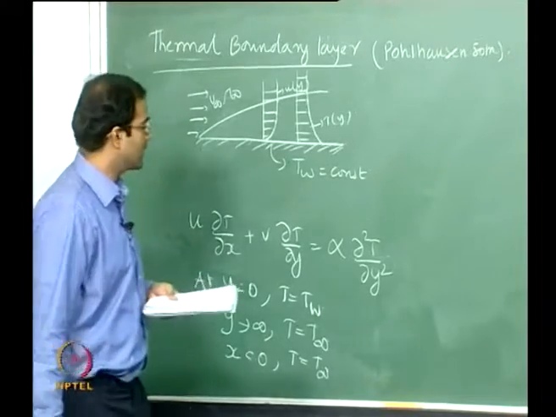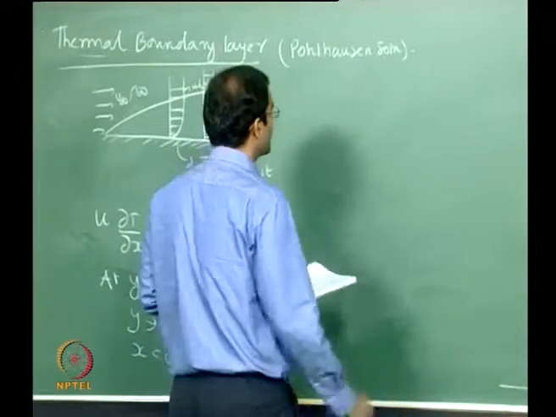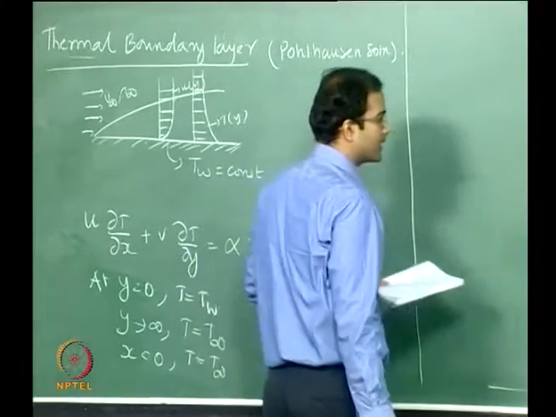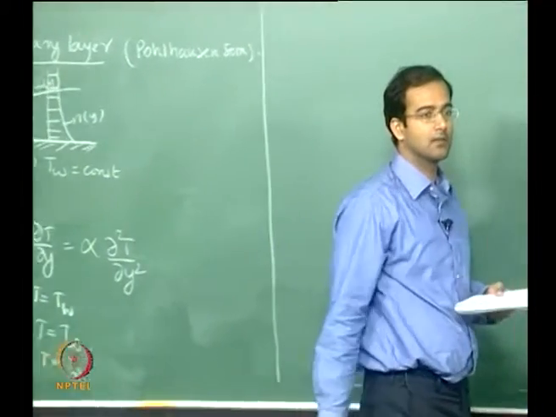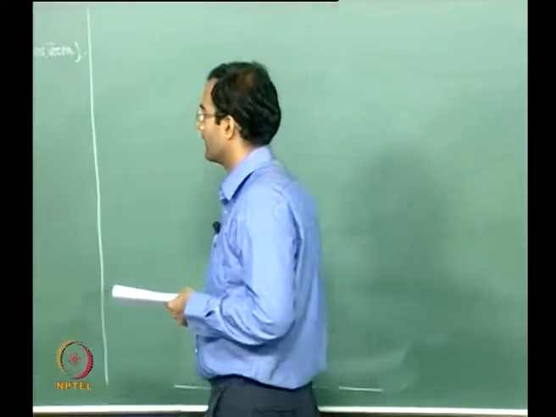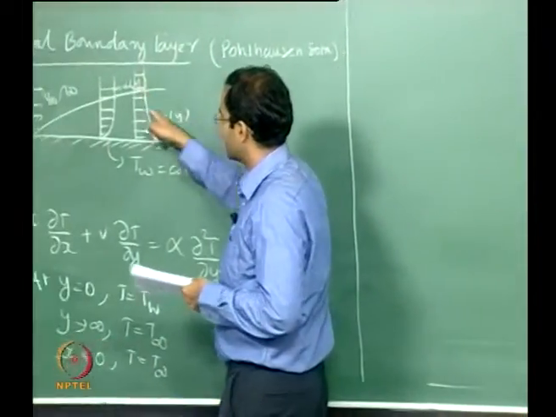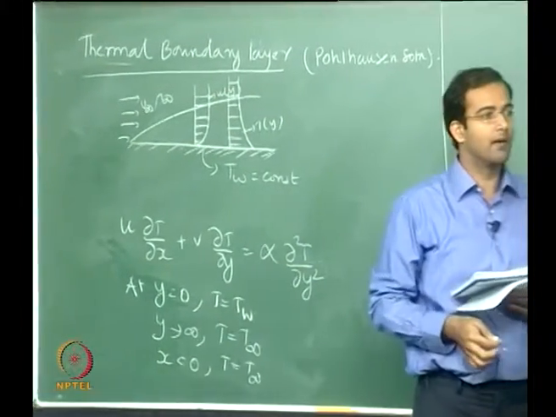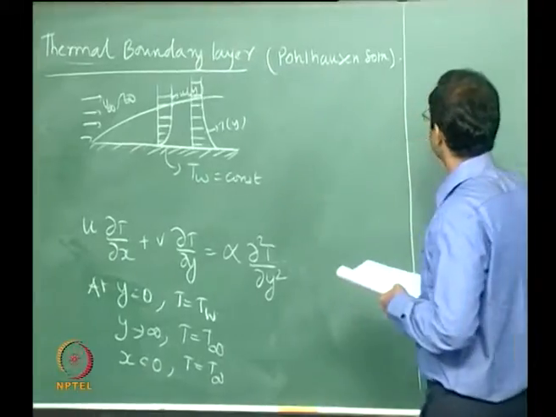So now I am going to define a non-dimensional temperature theta. I want to define it in such a way that the non-dimensional temperature is exactly identical to the velocity profile. So how do I define my theta? I want to convert this profile into something like a velocity profile.